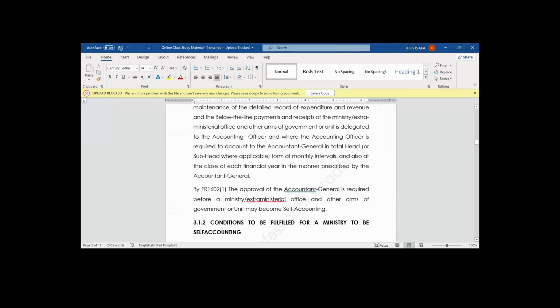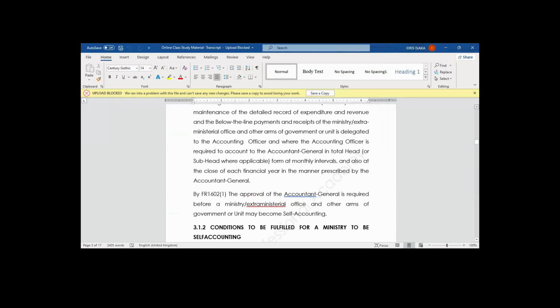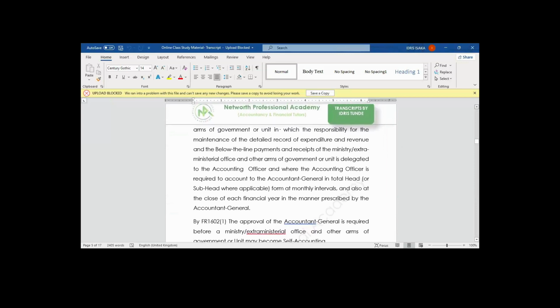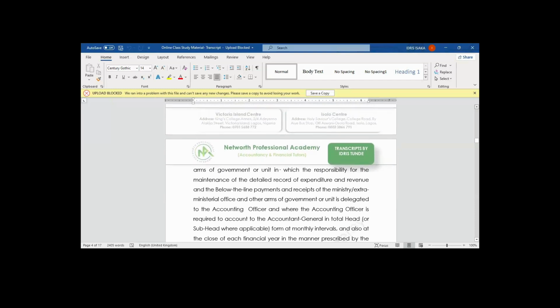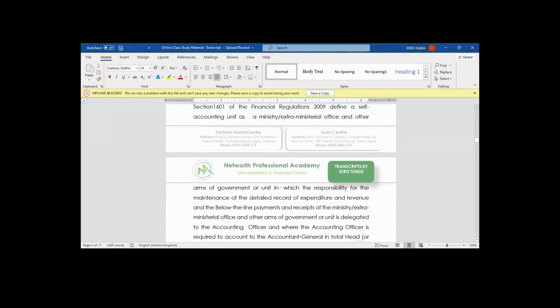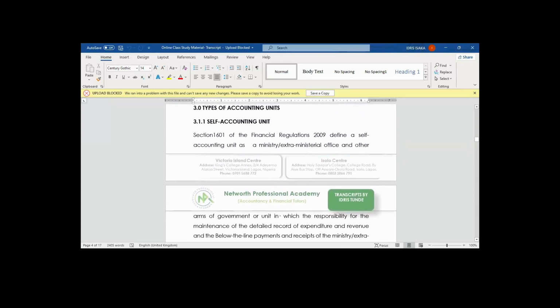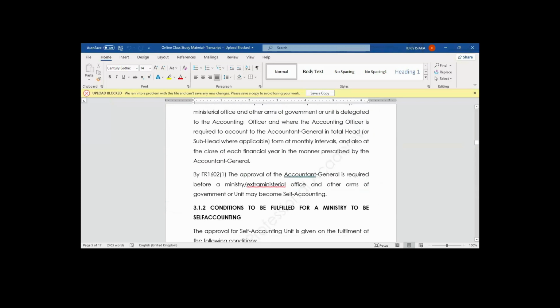They have control over their revenue and expenditure. It means they are self-accounting units. In self-accounting unit, they have power or authority to prepare the detailed record of expenditure and revenue. That is self-accounting units.